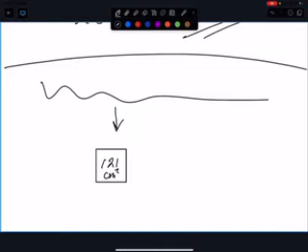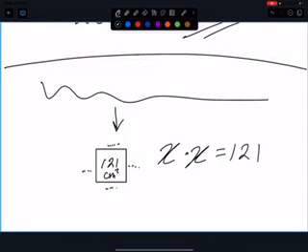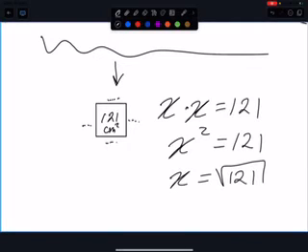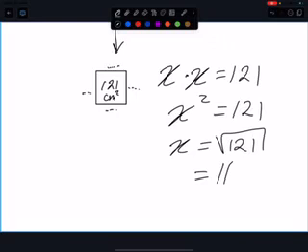A square, all sides are equal. So I'm saying the same number multiplied by itself equals 121. So x squared equals 121. How do I get the answer to that specific question? You take the square root of 121. So x equals the square root of 121, which then equals 11.